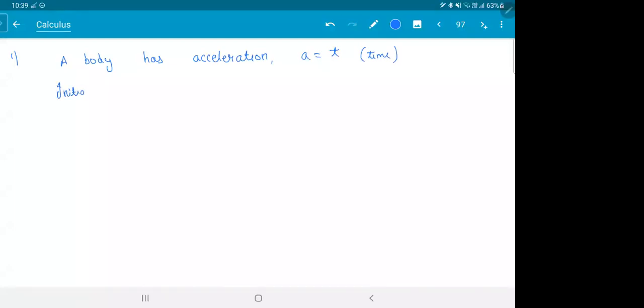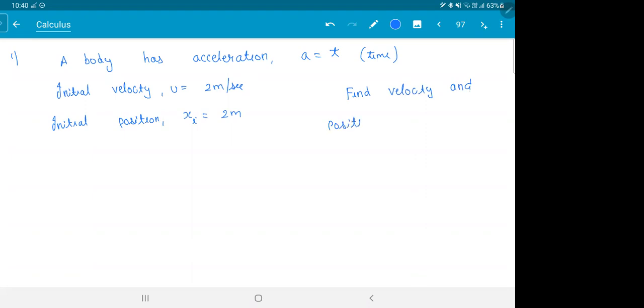Initially it started with 2 meters per second. Initial position, that is x initial, is also 2 meters. So the question they asked is, find velocity as function of time t and position as function of time t. Find velocity and position after time t.